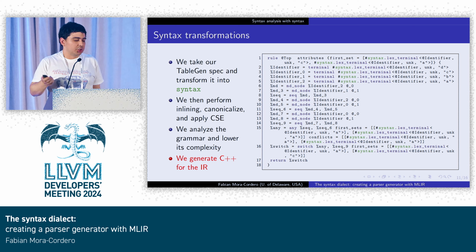And in this case, the switch will go either to the any on line 15, which is I need to backtrack, or it might be going to line 14, which is an AND operation. So this means that we can make local decisions and remove some backtracking that might not be needed, which ends up improving performance.